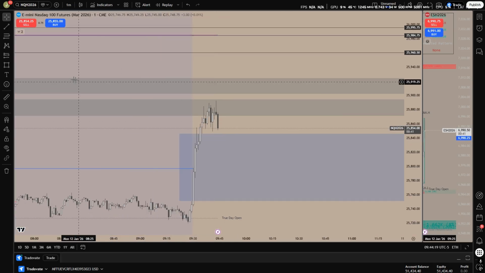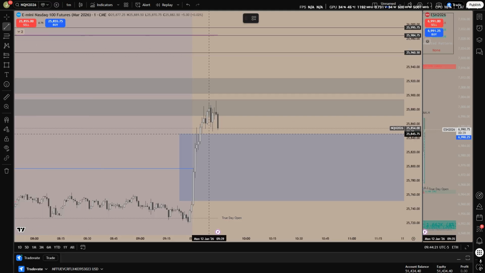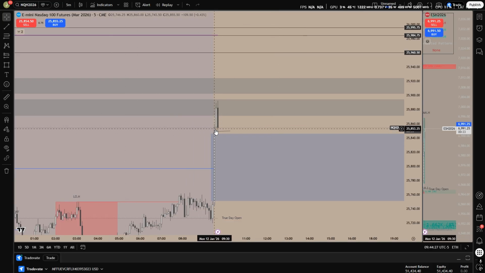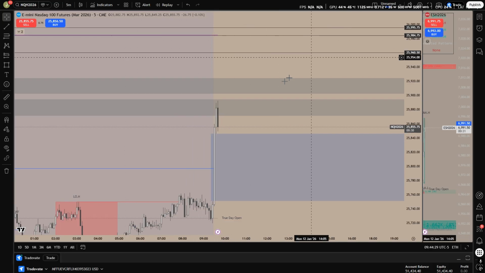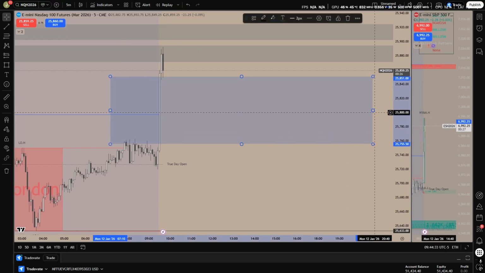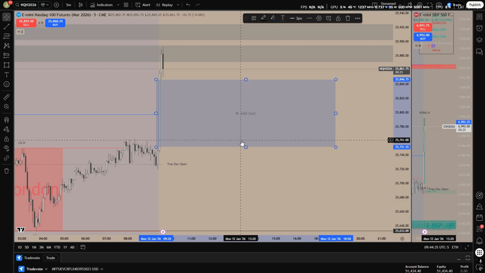So now I'm 100% going to be looking for sells on the market. But the only thing is that we still have this big inefficiency, this big gap here on the 5 minute time frame. So that's my only worry. I couldn't just blindly hit the sell button.